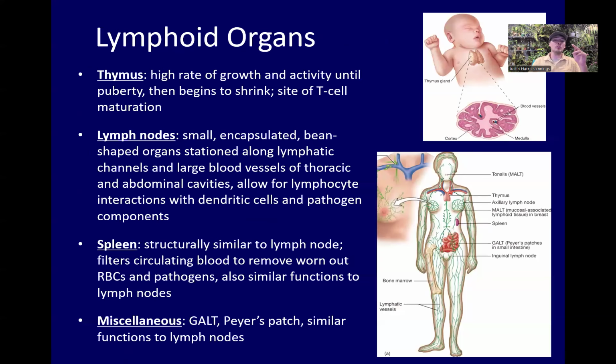Okay. So a part of this lymphatic system is the thymus, and this is a place where T cells are developed. Through T cell development, they go from the bone marrow into the thymus, and in the thymus they finish their development, and then they go into the lymph nodes.